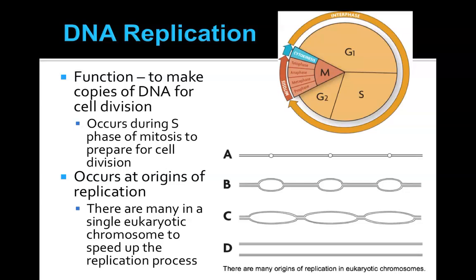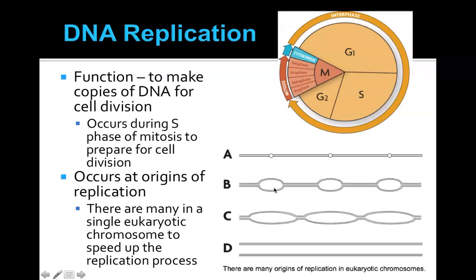So as a way to speed up DNA replication, we're going to have these replication forks or replication bubbles or origins of replication happening in multiple places along a chromosome, and they're going to be happening in all 46 chromosomes at the same time. And that's going to help speed up the replication process so that S phase doesn't take 4 or 5 years just to get us a new cell.